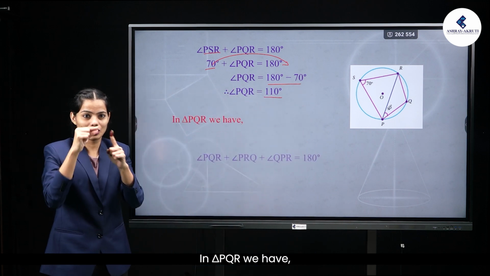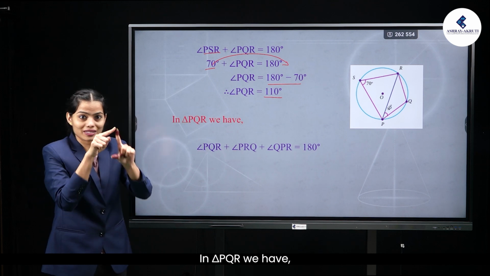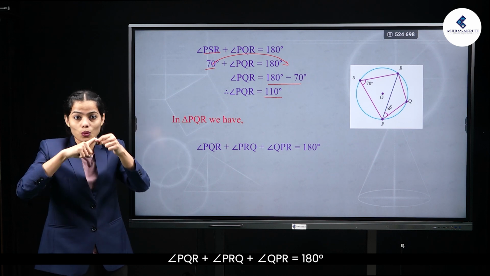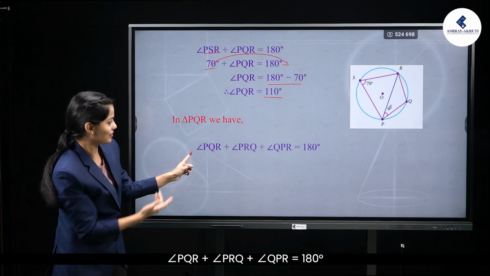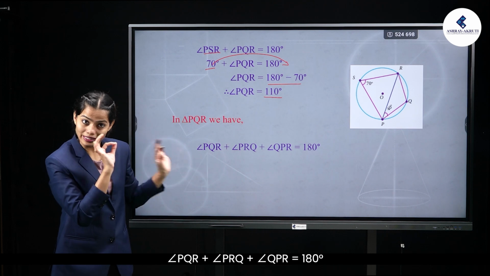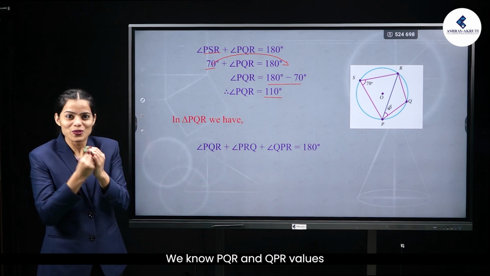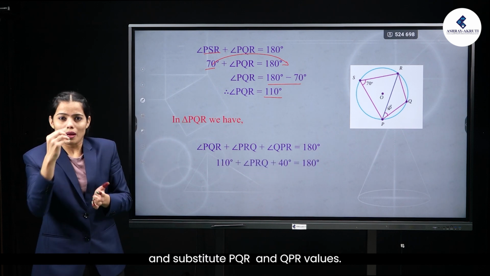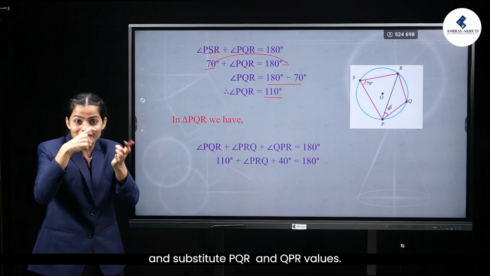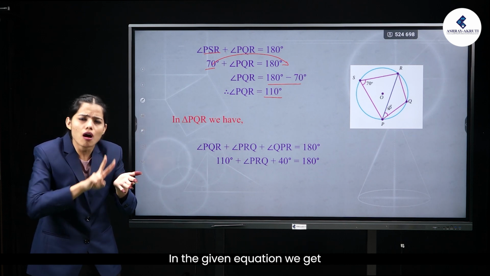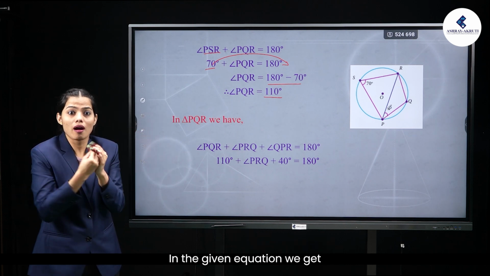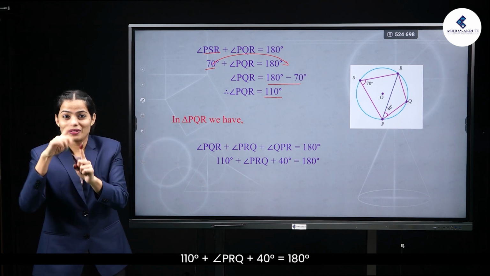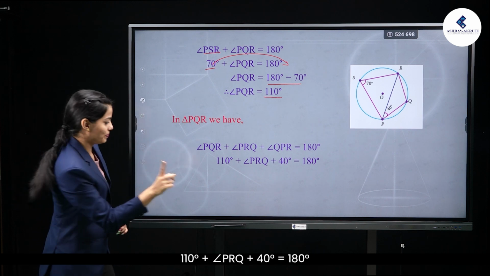In triangle PQR, we have angle PQR plus angle PRQ plus angle QPR is equal to 180 degrees. Already we know PQR and QPR values, so substitute them in the given equation. We get 110 degrees plus angle PRQ plus 40 degrees is equal to 180 degrees.